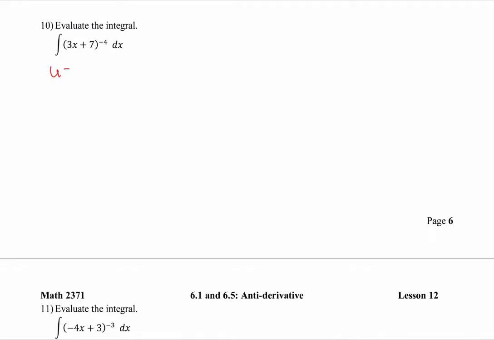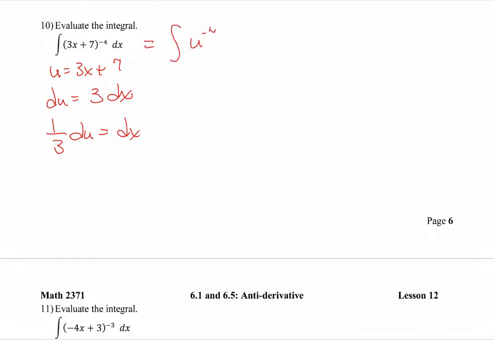So, u equals 3x plus 7. So, du equals 3 dx. So 1/3 du equals dx. Substitute: u to the negative 4 times 1/3 du.